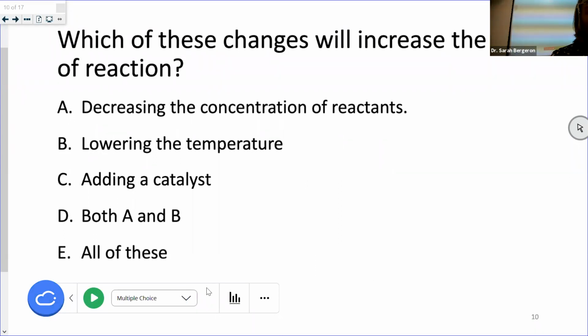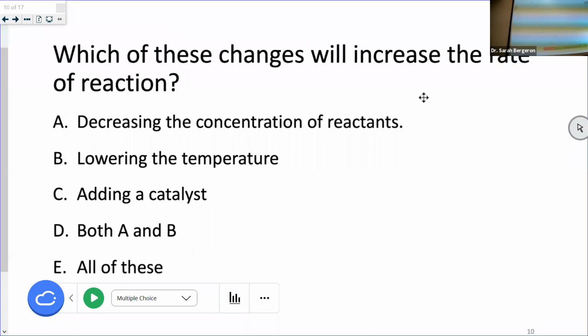So let's look at A. Decreasing the concentration of the reactants. Tell me, is that going to increase, decrease, or no change? That's going to decrease. And the easy way to think about this is to think about those cars on the road, right? An analogy for decreasing the concentration of a reactant is decreasing the number of cars on the road.